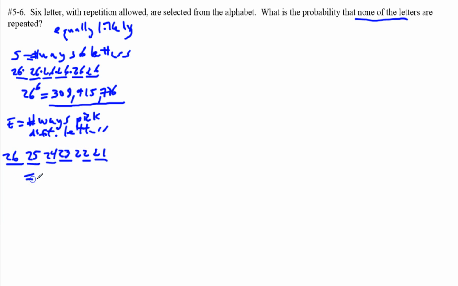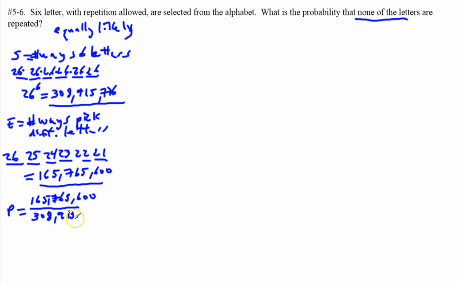So it turns out that the number of words that have no repetitions in letters is 165,765,600. We got that by multiplying those numbers together. And that's going to be the numerator of the fraction. So the probability we're trying to find would be 165,765,600 as the numerator, and then 308,915,776 as the bottom.